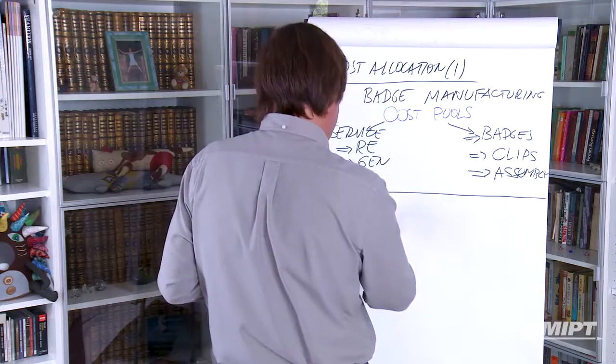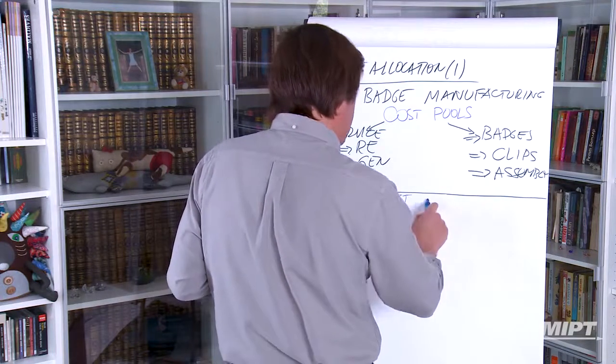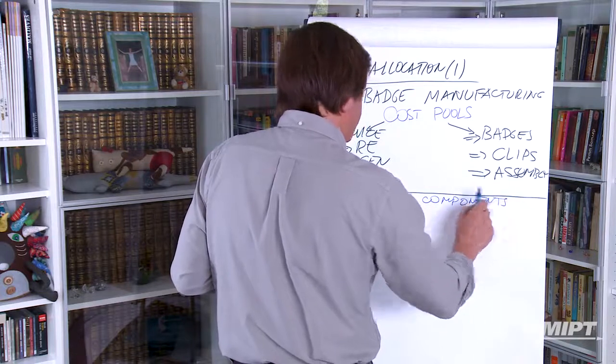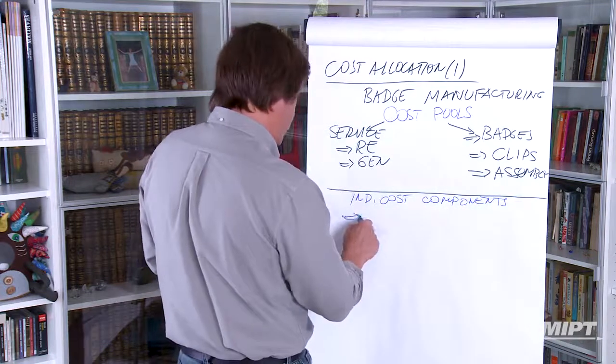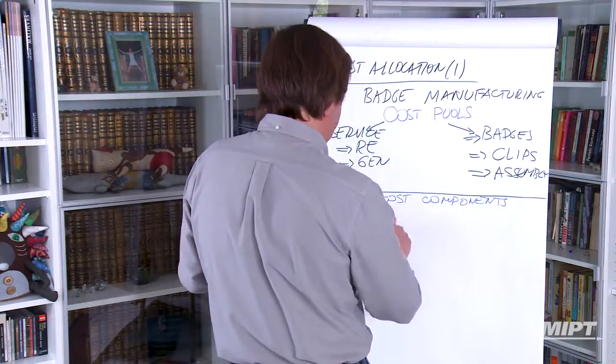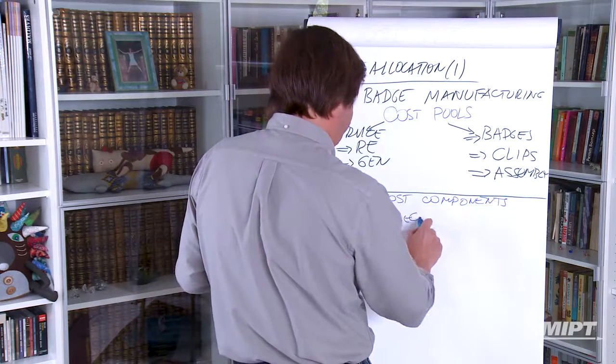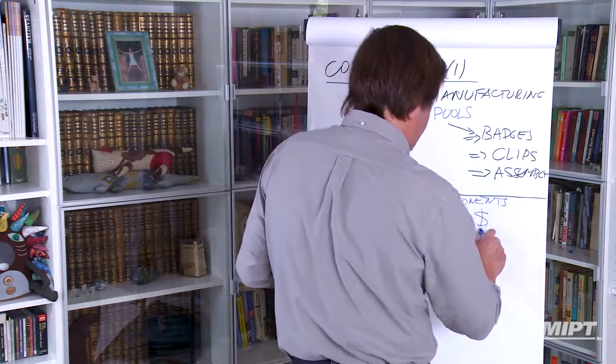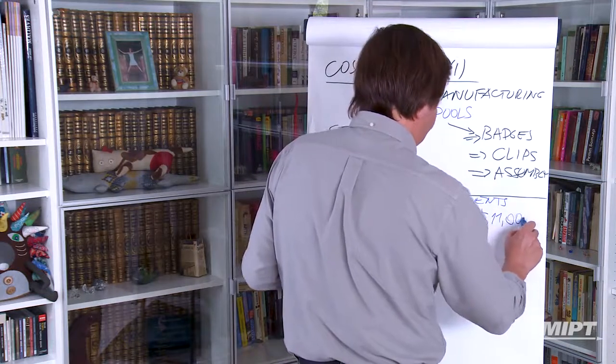So what are indirect cost components? Let's see what they are. Well, first of all, this is indirect labor, and this is $11,000.